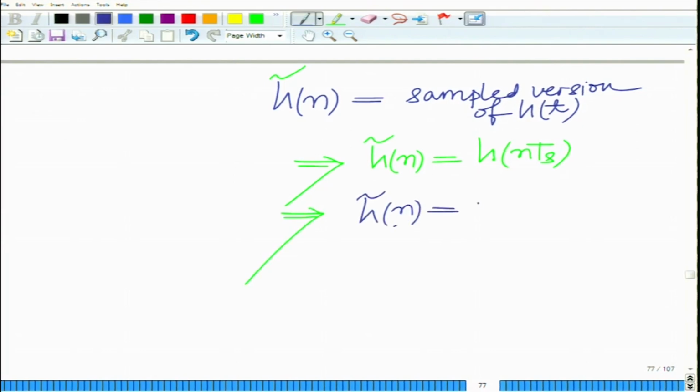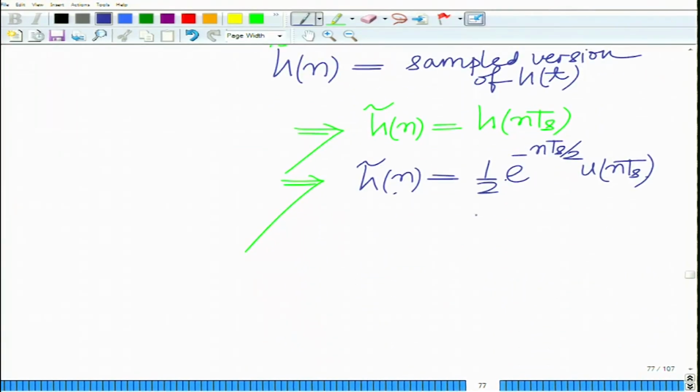h tilde[n] equals half e raised to minus nTs by 2 u(nTs). Remember, h(t) is half e raised to minus t by 2 u(t). So, this will become u(nTs), but u(nTs) is the same as u[n], because Ts is greater than 0.